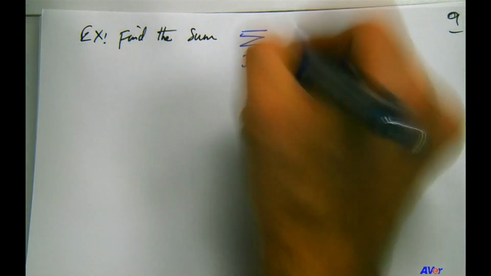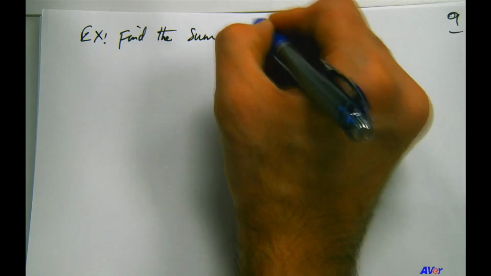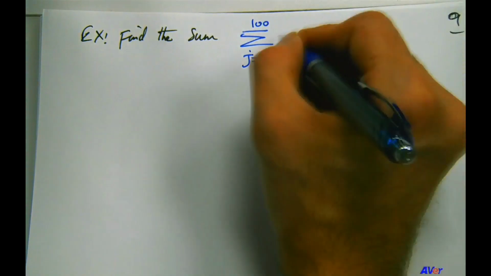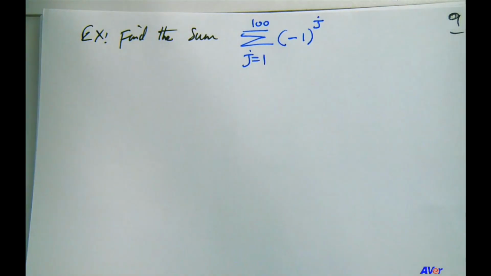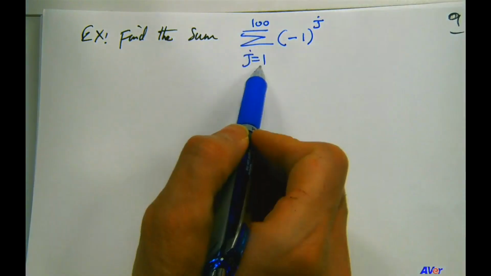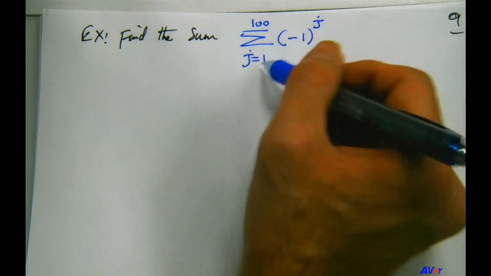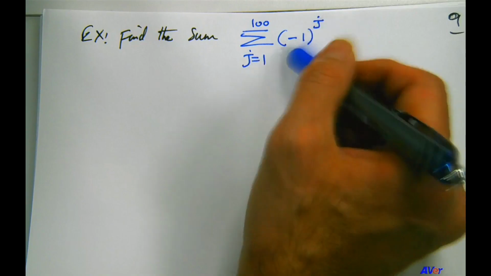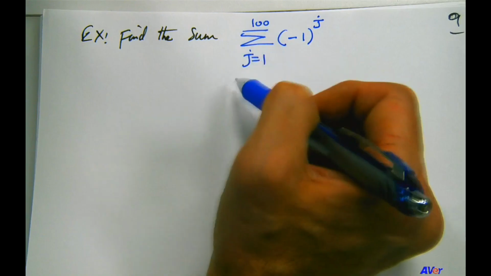J equals 1. This time we're using J as the index. 1 to 100, and here is minus 1 to the J power. So now the location of a term becomes the power of that term. See, that's the connection between the location of that term, any term, and the value of that term. And they want us to find the sum of the first 100 terms.